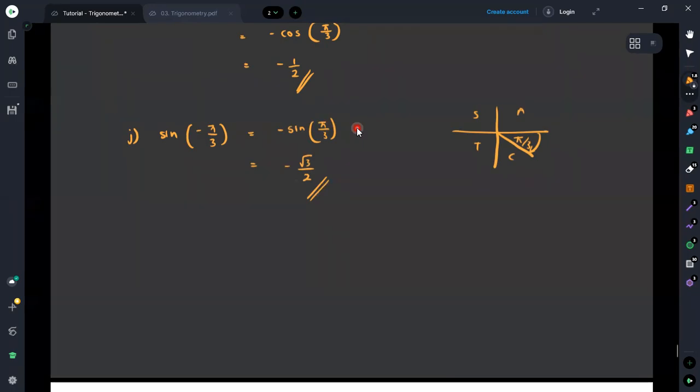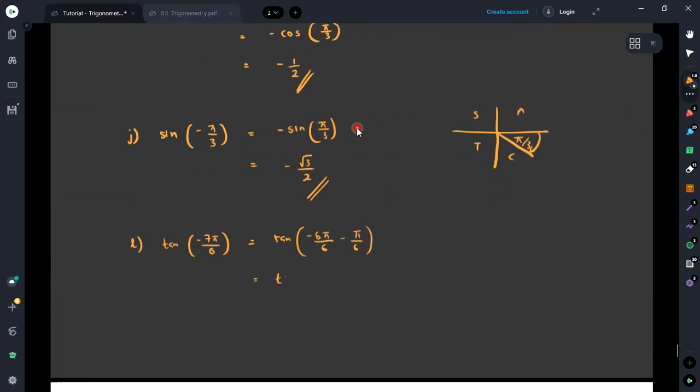In a similar manner, if we continue for part L, it is the tangent of minus 7 times 5 over 6. We can write it as minus 6 times 5 over 6 minus 5 over 6. Altogether, we are getting minus 7 times 5 over 6.